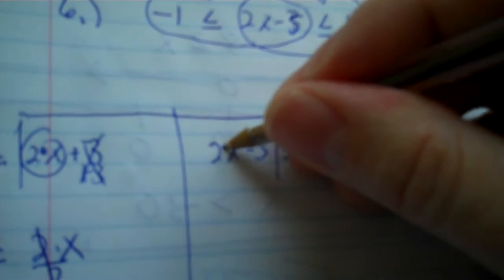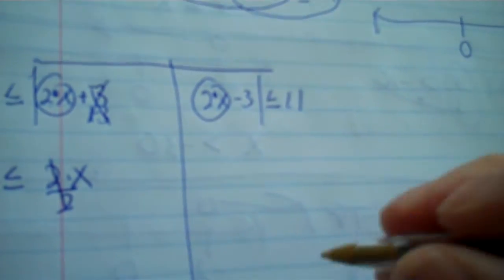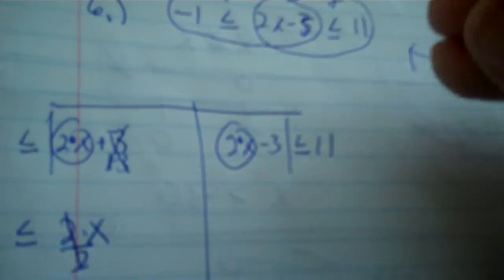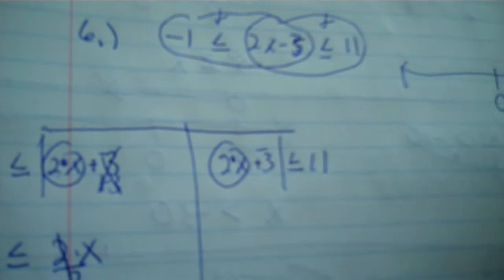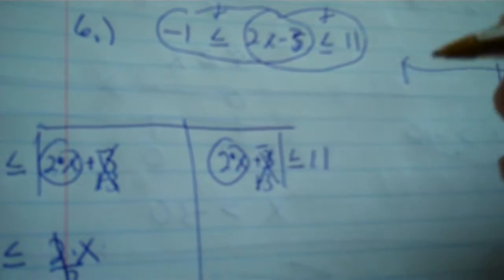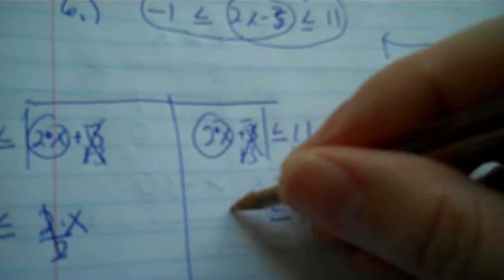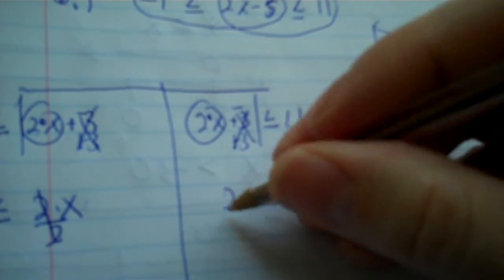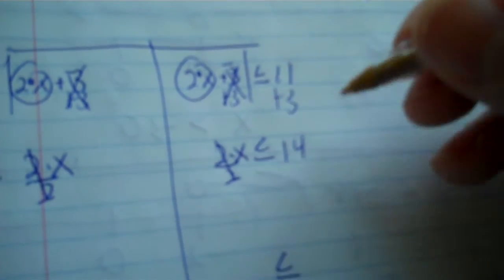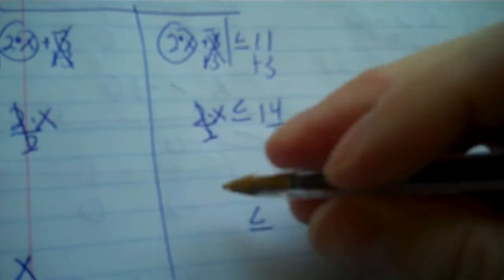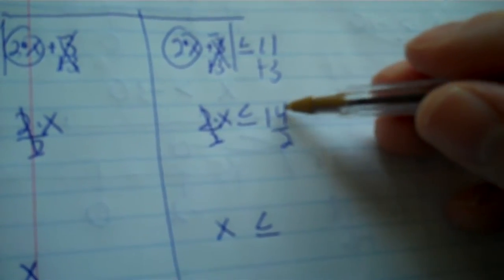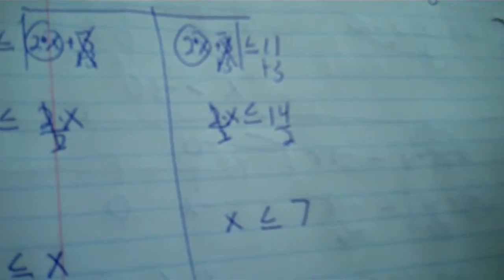Wall goes up, dot circle, again it's positive, so the symbols will not change. We have this negative 3, we have to add 3 before we divide by 2. And now I can divide by my 2, and then I can come down here. So x now is before the symbol, and then on the other side we have 14 divided by 2, which is 7.